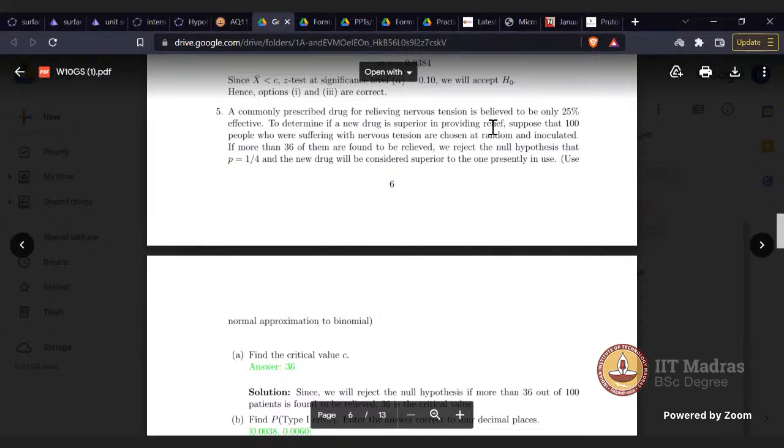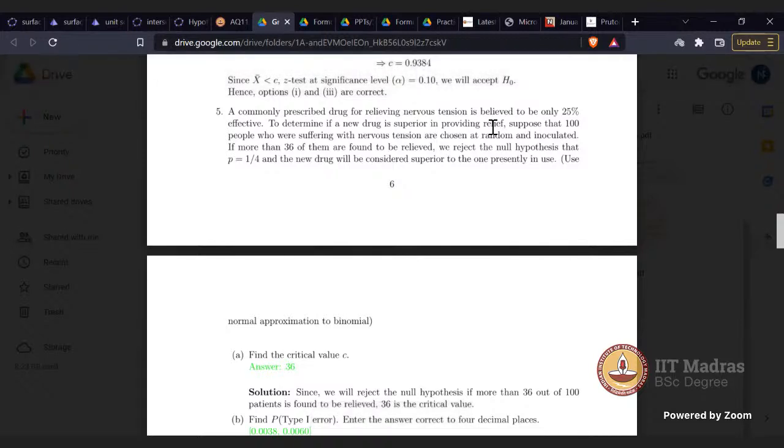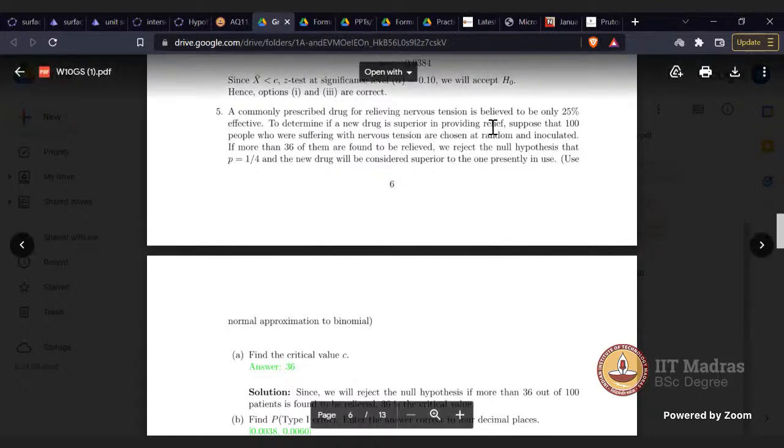So I will take my null to be 25%, sorry, 1 by 4, and the alternative to be p greater than 1 by 4. The null hypothesis is what we generally believe to be true. It is given to us that it is 25% effective, which I am taking as the null hypothesis. If I want to check something is greater, that we will take as the alternative hypothesis.